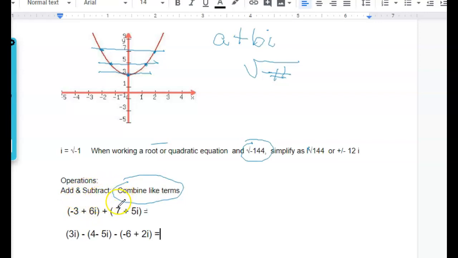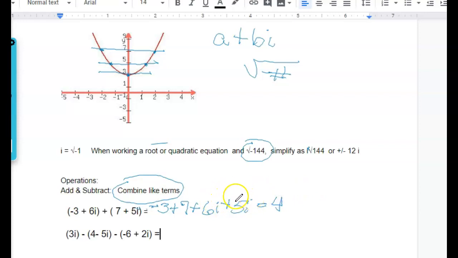This one has a 7 that's a constant and a 5 that's an imaginary. So when I combine those like terms, I'm going to add, in this case, negative 3 and 7. And I'm going to add 6i and 5i.